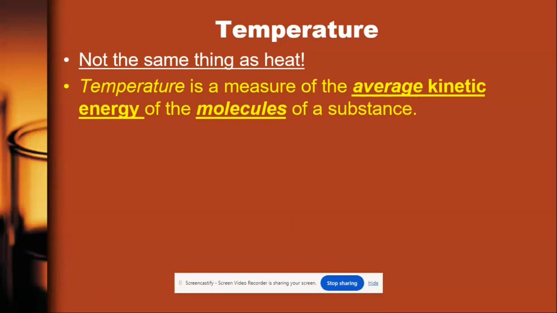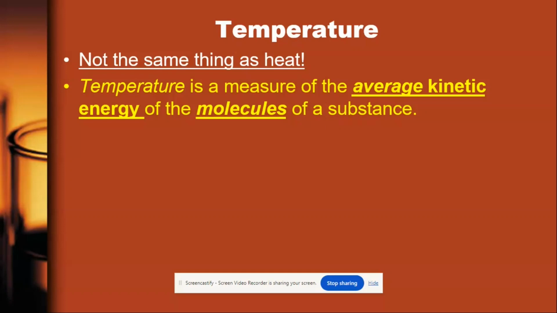Now, let's talk about the word average. We only use the concept of average with things that are not all the same. For instance, I could ask you, what is the average number of legs of the people in your class? That would be a silly question because more than likely, everybody in your class has two legs, so they're all the same. There's no reason to calculate an average because the average is two.